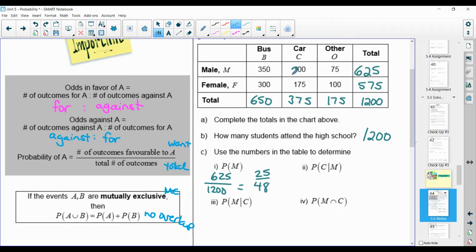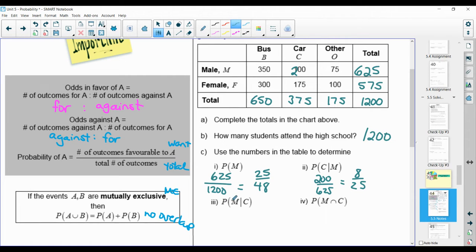This is actually supposed to be a 2. Out of the 625, 200 people drive a car. So again, there's just a typo there. I think it's correct in your notes, however. So 200 people out of 625 drive a car given that they're male. So that reduces to 8 over 25.